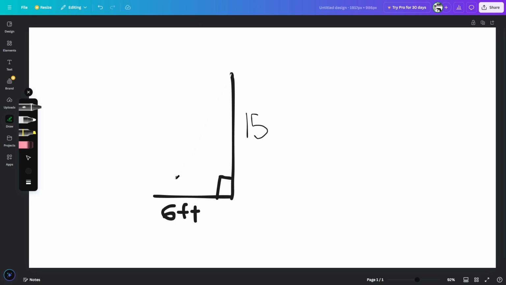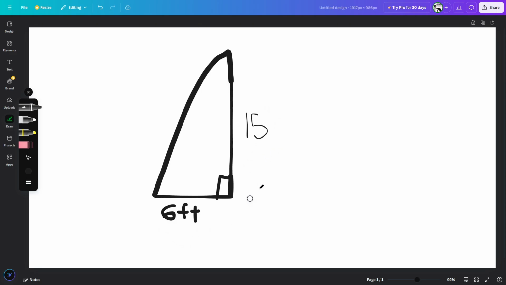Now we can just finish our right triangle off like this. So we have first our 6 feet and then our 15 feet.